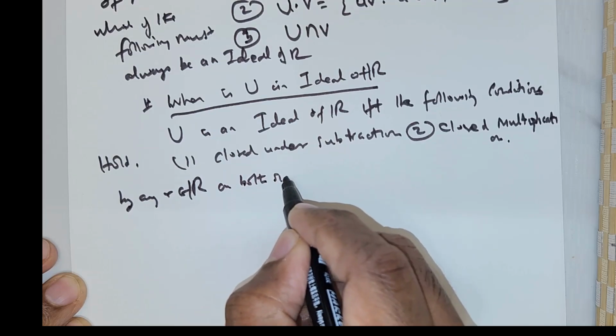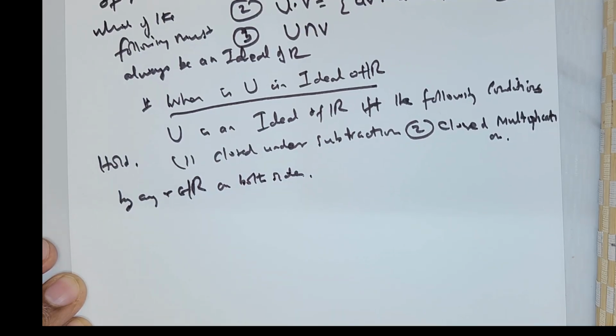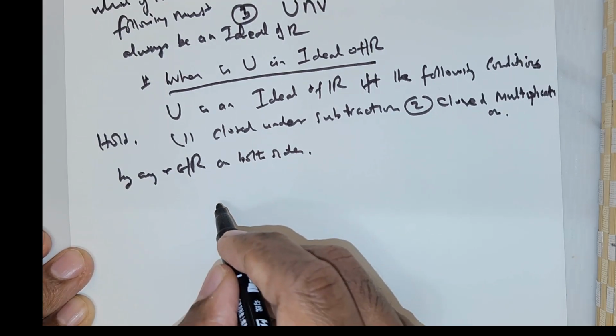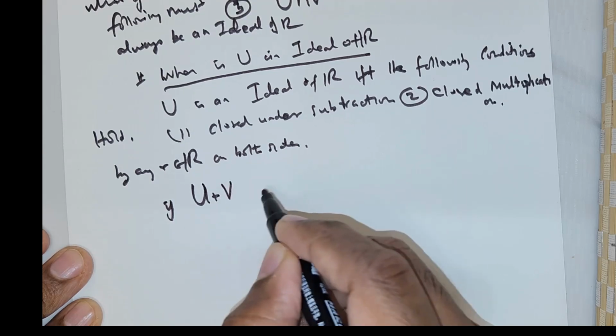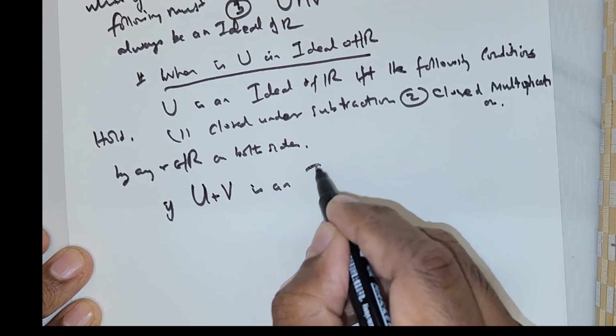I'll explain to you what this means. Now let us check if U added with V is an ideal of R.